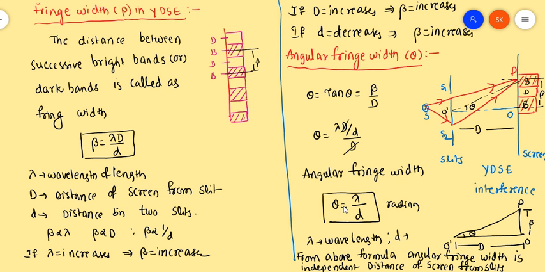Angular fringe width does not depend upon capital D, the distance of the screen from the slits. The fringe width depends upon capital D, but angular fringe width does not.